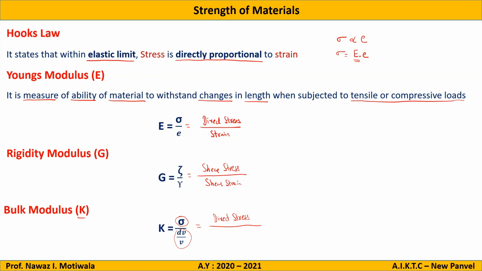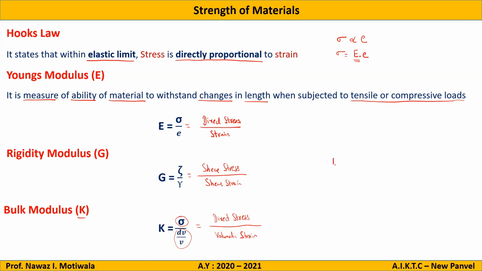So change in volume upon the original volume is nothing but the volumetric strain. So I can define the bulk modulus as the ratio of direct stress to the volumetric strain.